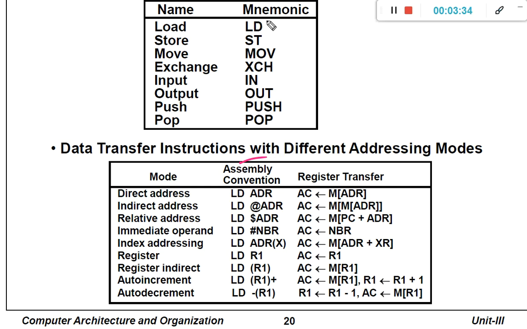For example, assume that we are performing the load operation with all of the addressing modes we have seen in the previous class. Initially, as far as the direct address is concerned, if it is the direct address instruction format, then we will implement the load instruction like this: LD space ADR.